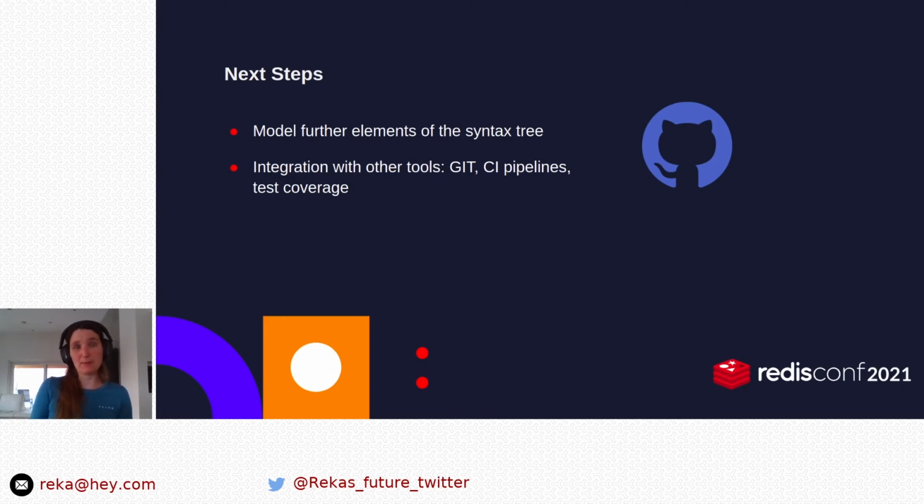So these examples have probably given you some ideas how you can discover your code base with a graph structure, and probably also some ideas of the many possible improvements. They go in two basic directions. We can model further more detailed elements of our syntax tree.